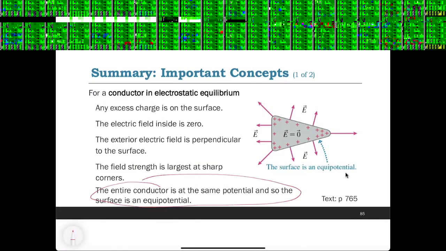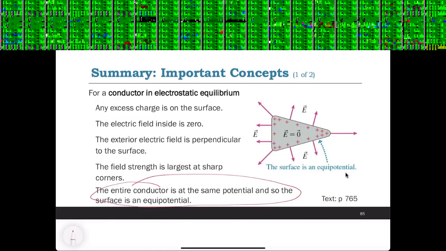For a conductor in electrostatic equilibrium, there are some features. We talked about five, and the last one is what we added in today's class. Any excess charge is on the surface.